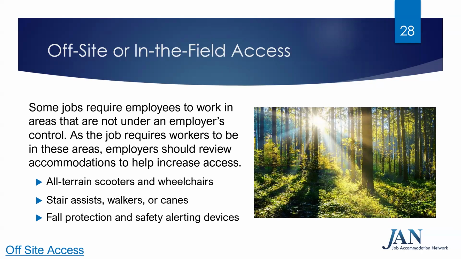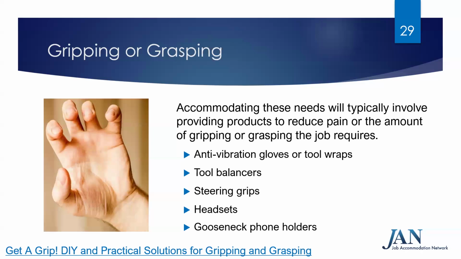Next slide, please. People with hand and wrist injuries, as well as people with Parkinson's disease or essential tremors, can all have difficulty with duties that require a lot of gripping and grasping. The two main ways to accommodate these needs is to provide options to make the gripping and grasping easier to do, or eliminate the need to grip or grasp entirely.